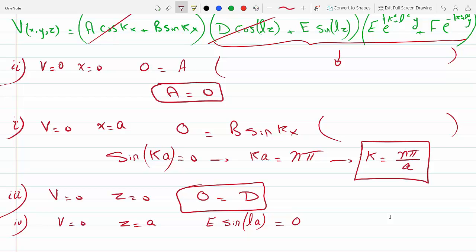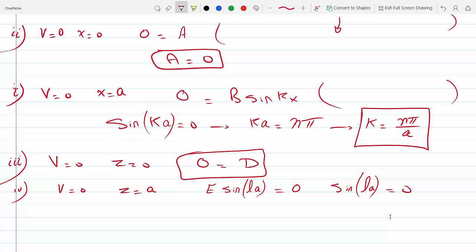Either e equals 0, which would be trivial, that's not what we're looking for, or sine La would be 0. And in this case, what would L be? This will give us our L to be m pi over a, same thing, multiples of pi, but we'll call it m since we called the other one n. They don't have to be the same, so we'll leave it general.